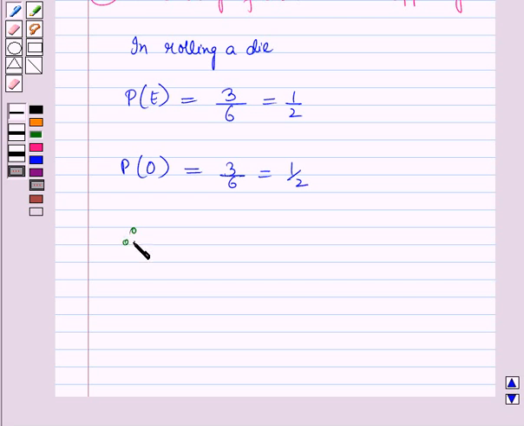Now, the sum of these two probabilities will be equal to 1 by 2 plus 1 by 2, which is equal to 1. So the sum of the probabilities of all mutually exclusive outcomes for any event must be unity.